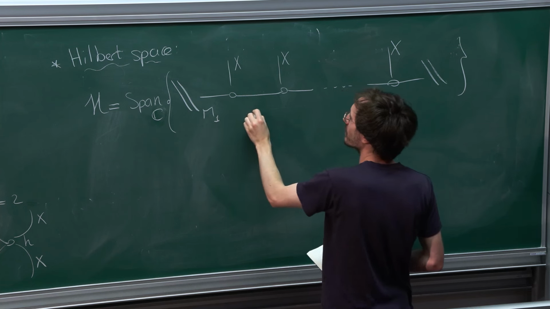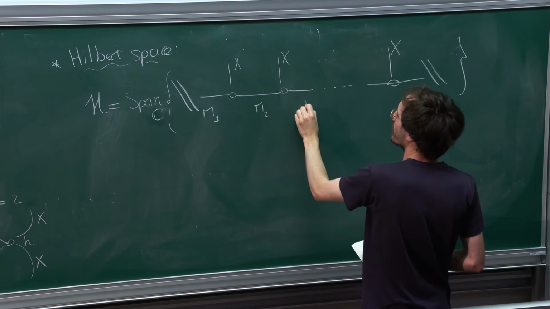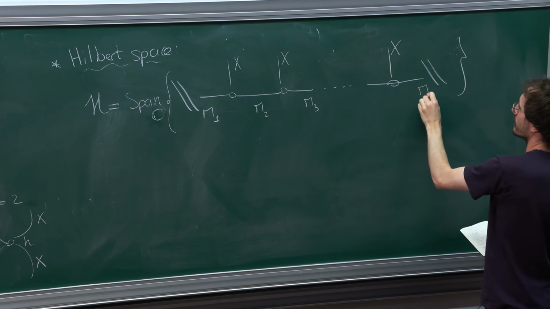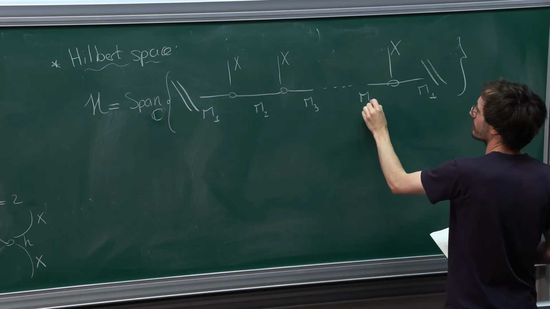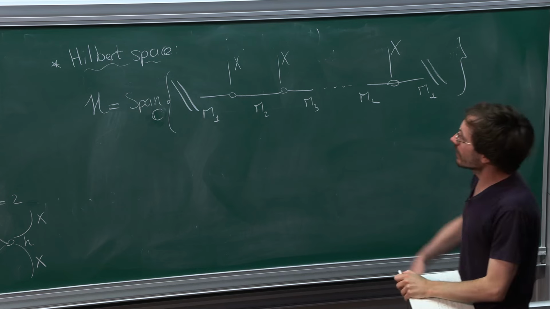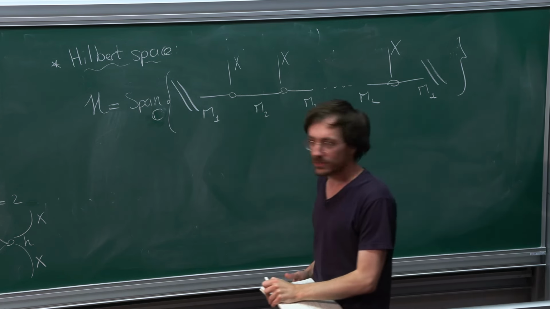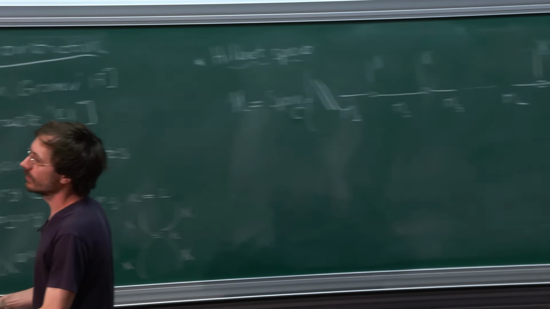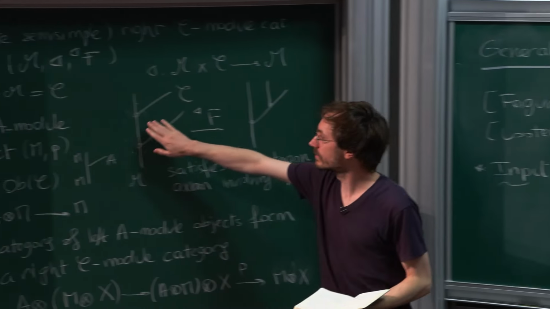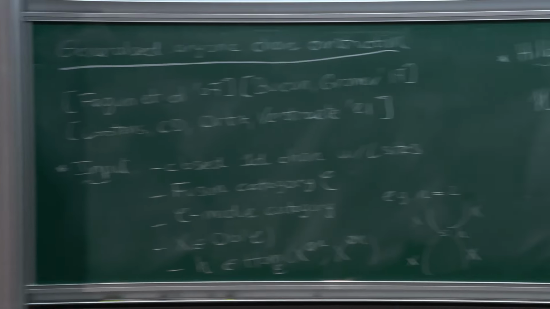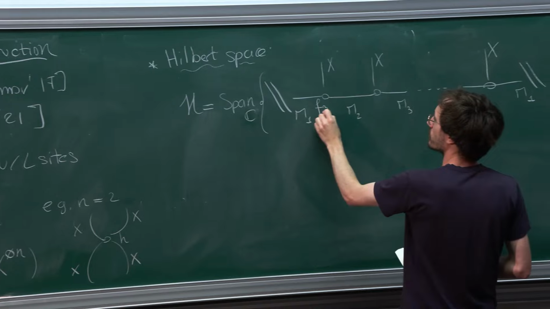And the lines at the bottom are labeled by simple objects in my module category. Now I have junction spaces involving 2 objects in the module category and 1 object in X. So these are junction spaces of the type I had here. And I can choose some vectors in these junction spaces, which I'm going to write as F.